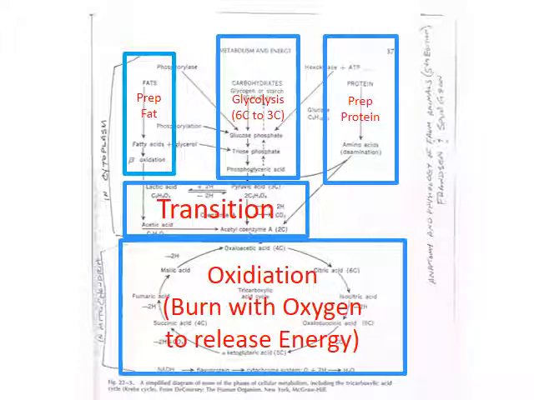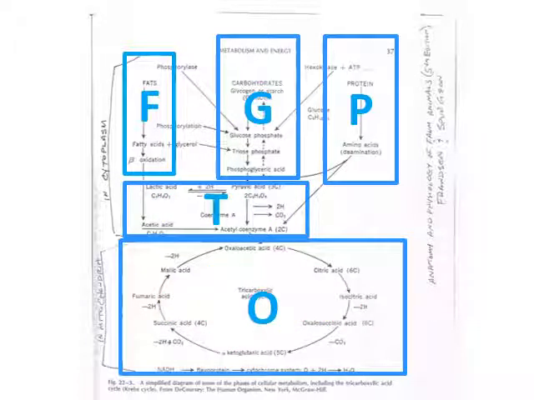So we've got our 5 processes. We've got to get to know those. Forward, this is how I'll abbreviate them on our charts and diagrams. So glucose to CO2 and water, GTO. Fat to CO2 and water, part of it is going to go FGTO, and some of it is going to go FO.